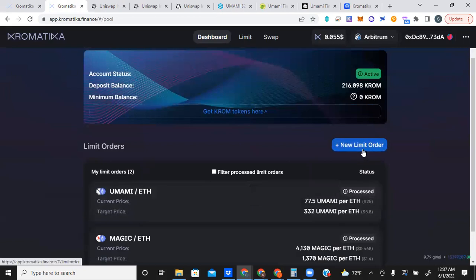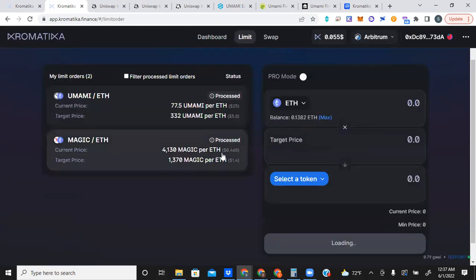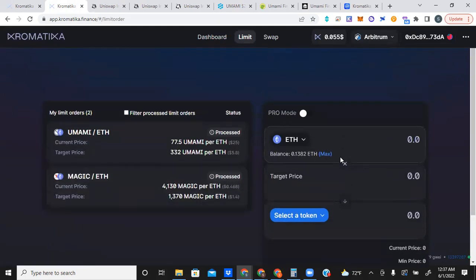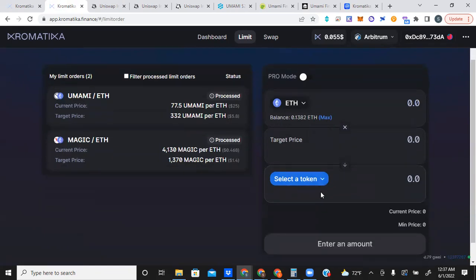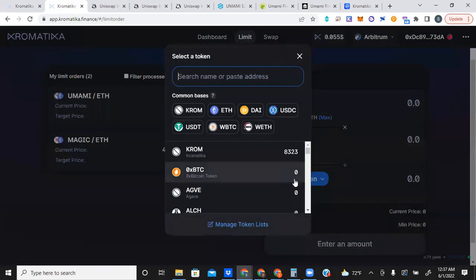So let's just go ahead and get right into it. Once you have your tokens, you'll want to add the Umami token to the list here. Umami is not on this list yet.